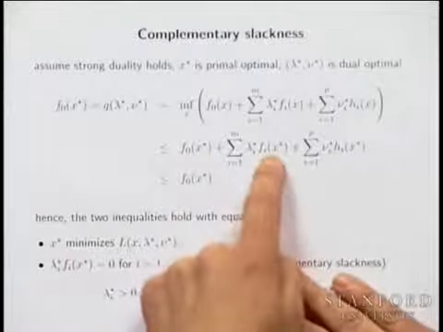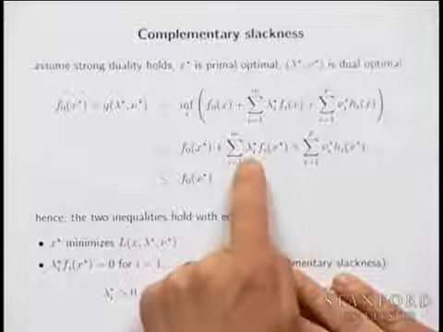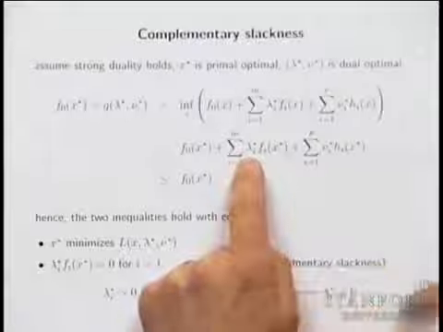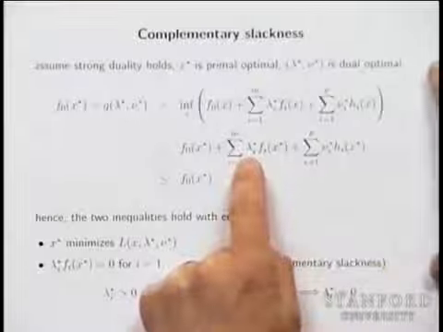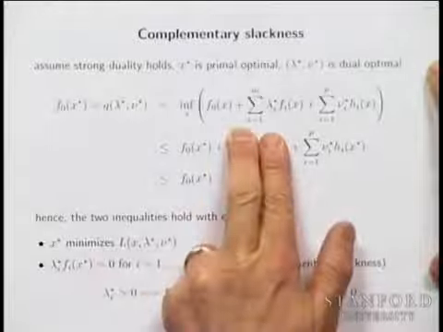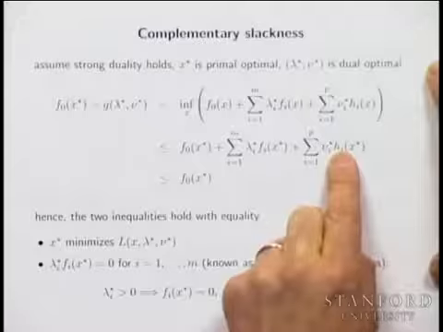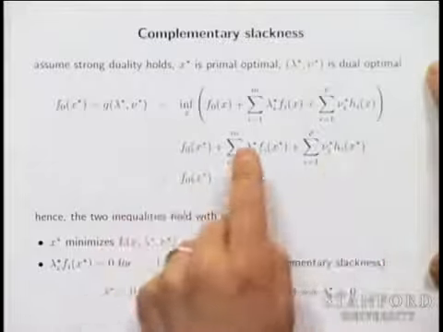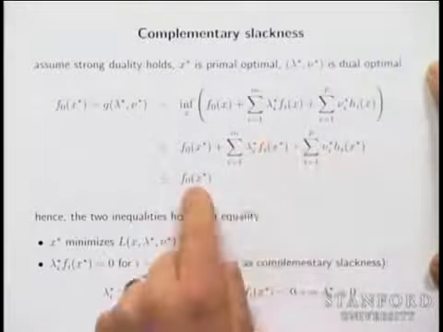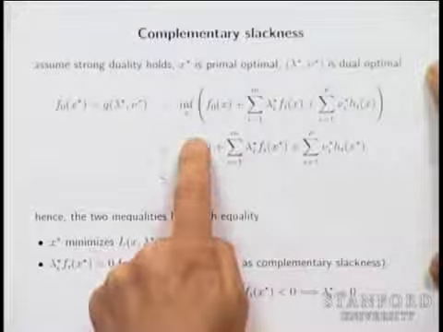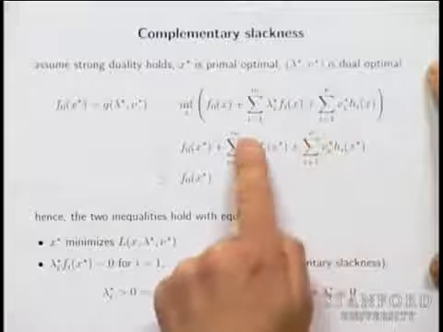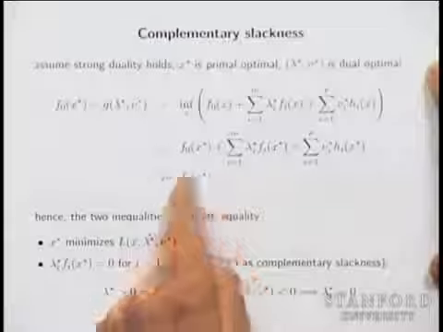Therefore, f_i of x star is less than or equal to 0. The lambda_i stars are bigger than or equal to 0. They have to be. That's dual feasibility. So this whole term is less than or equal to 0. This term is equal to 0 because these h_i's are 0. Therefore, this thing here is less than or equal to that, because it's this thing plus 0 plus something less than or equal to 0. So it's less than that.